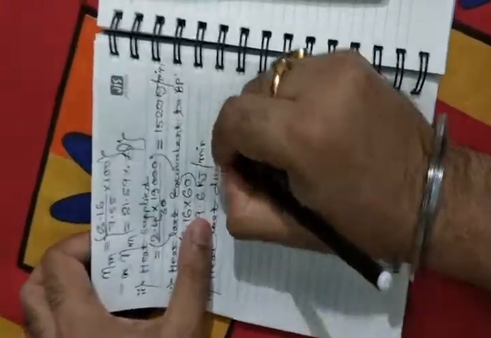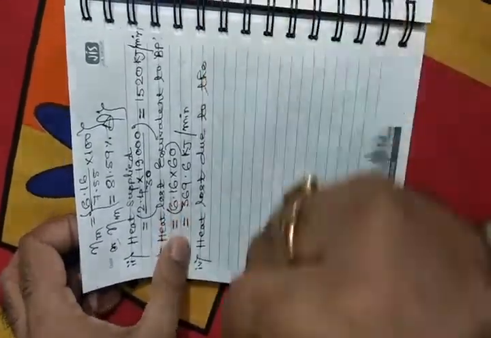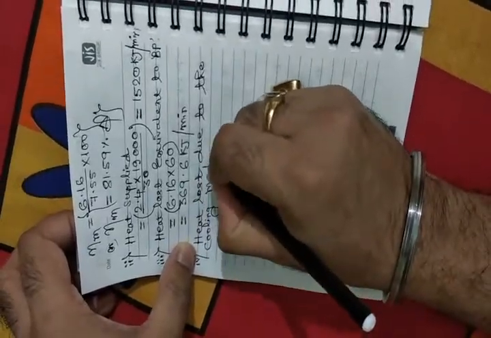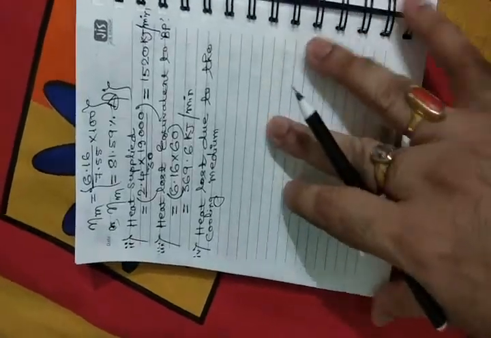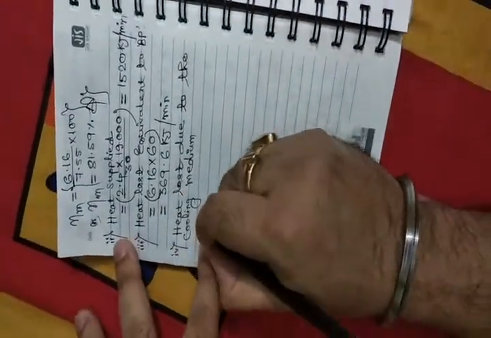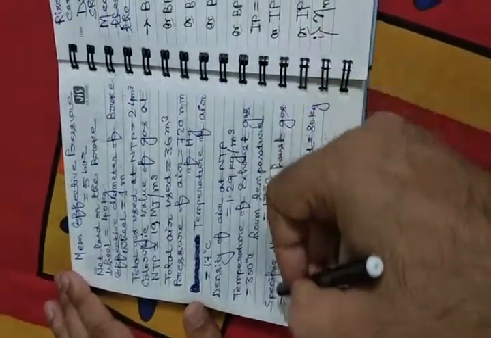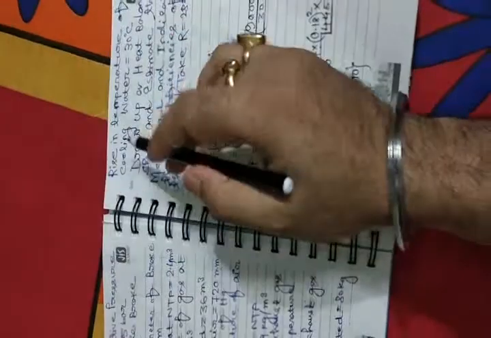due to the cooling medium. Heat loss due to cooling medium. Okay, so now here, specific heat of cooling medium, rise in temperature of cooling water 30 degrees centigrade.